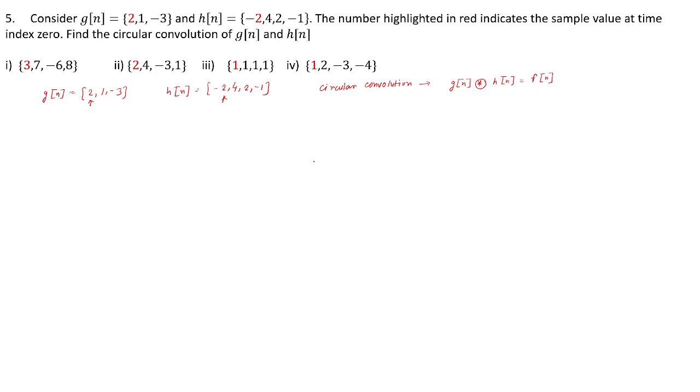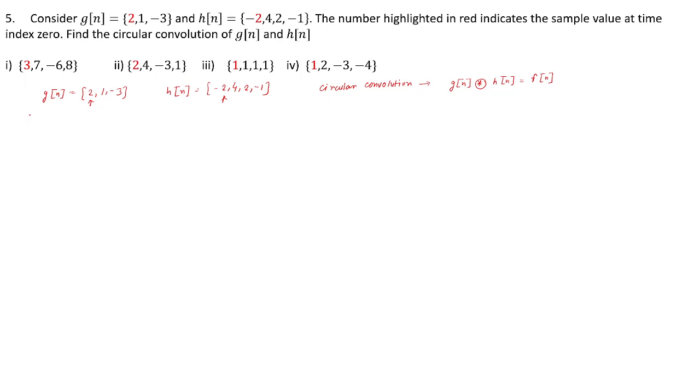In this case, hn has length 4 and gn has length 3. So g is the shorter one, therefore g needs to be padded with 4 minus 3, that is one 0, to make both of them of length 4, so that we can proceed to perform the convolution.